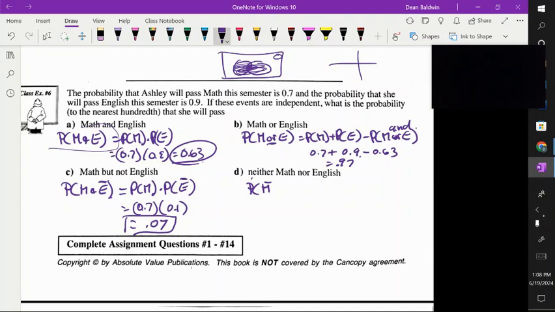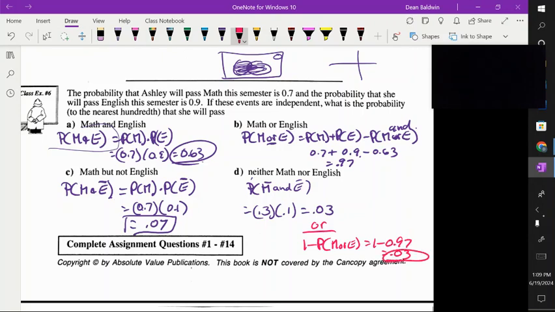So you can either go, she fails math and she fails English, which is the complement, so it's going to be 0.3 times 0.1, which is 0.03. Or you can go 1 minus the probability she passes math or English. So 1 minus 0.97, which is 0.03. So there's a 3% chance she fails both classes.